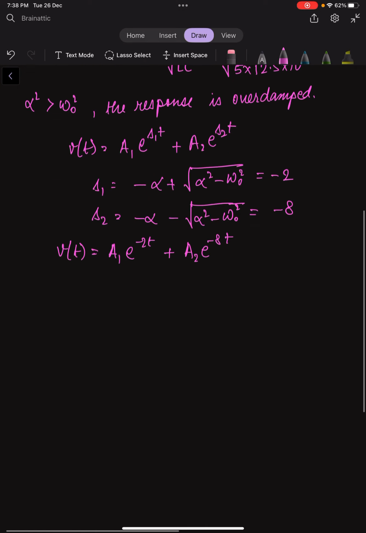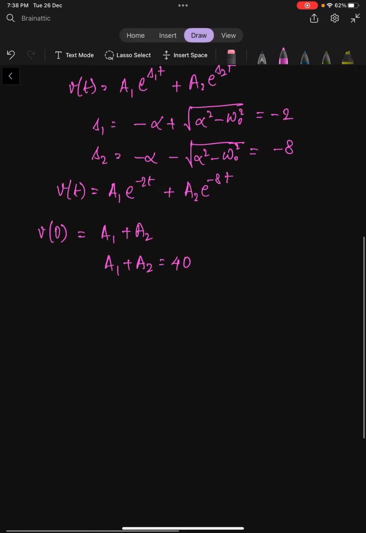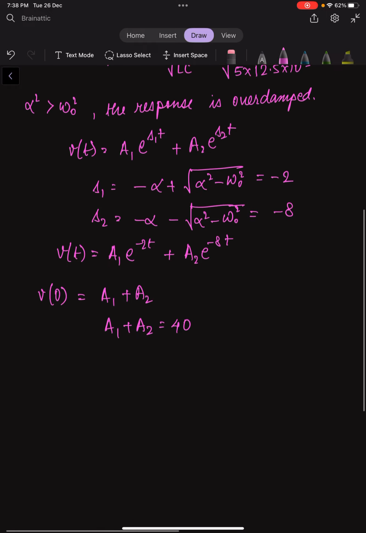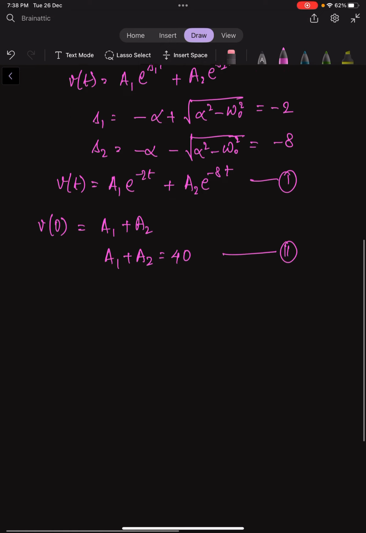Now we need to find the values for A1 and A2, and this we can do with the initial conditions. So V(0) is equal to A1 plus A2. We know that V(0) is equal to 40, so A1 plus A2 is equal to 40. We mark this equation as equation 1.